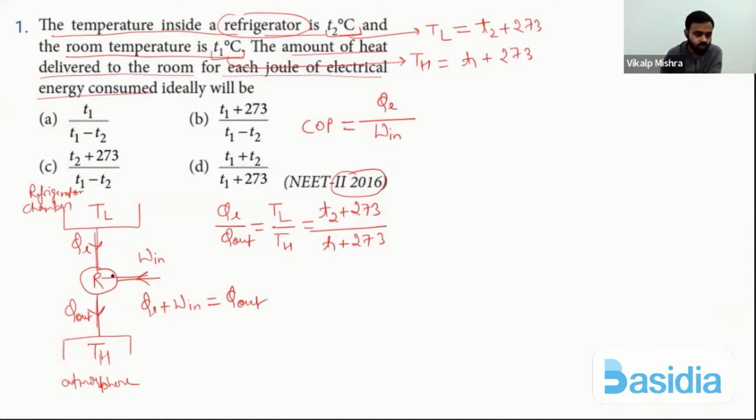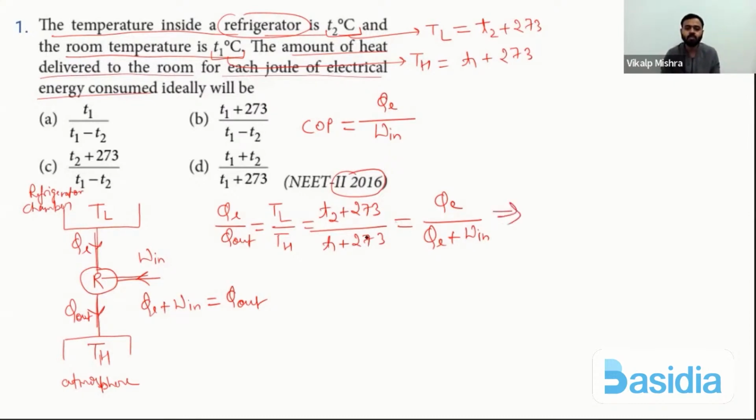In place of Q out, I will write QE plus W in. So QE upon Q out is QE upon QE plus W in. Now we will reciprocate it.